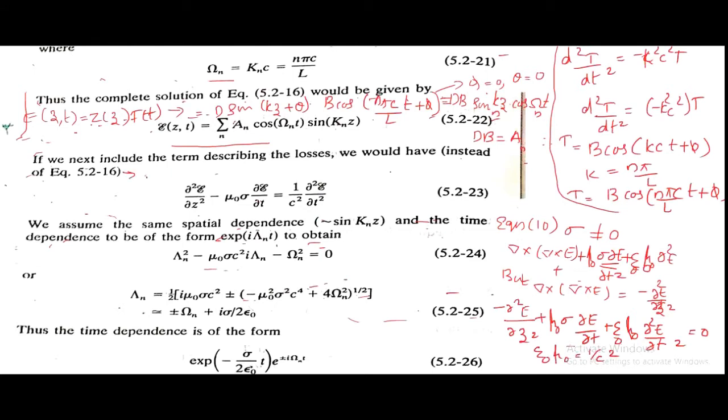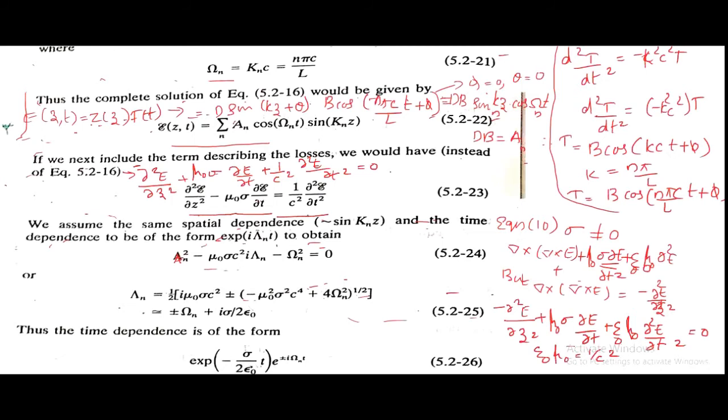Now hereafter we can write, that is, dou square E by dou z square minus mu 0 sigma dou E by dou t equals 1 by c square dou square E by dou t square.